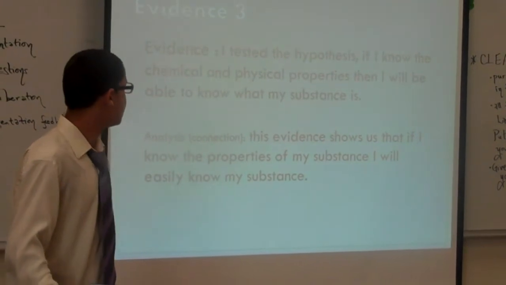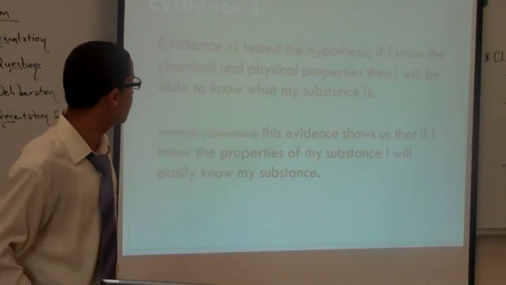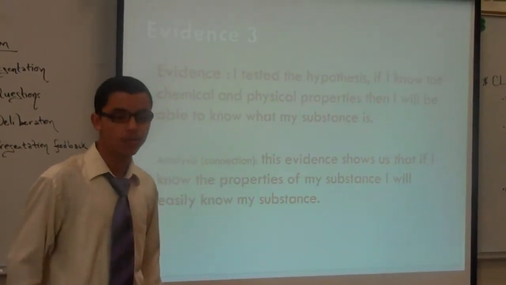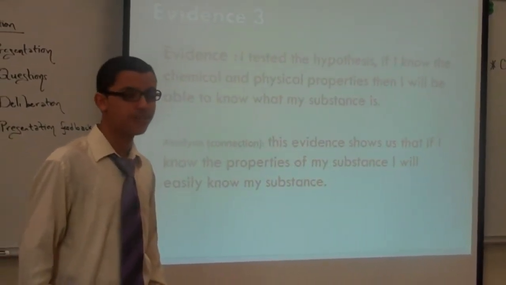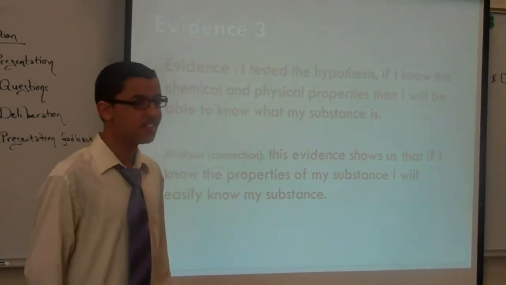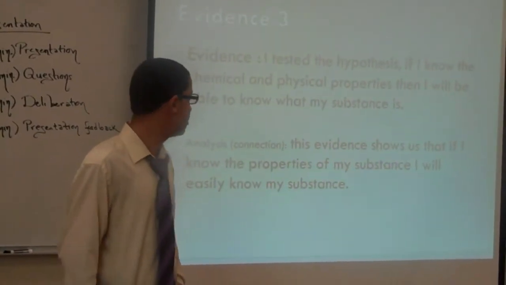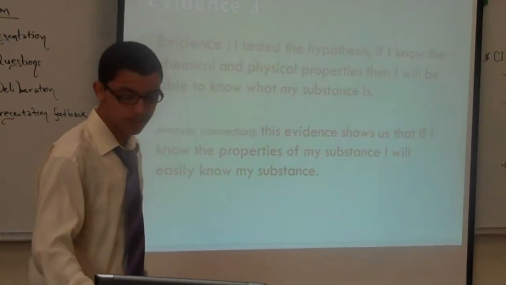Evidence 3, I tested the hypothesis. It says if I know the chemical and physical properties, then I will be able to know what my substance is. This evidence shows that if I know the properties of my substance, I will easily know the substance.